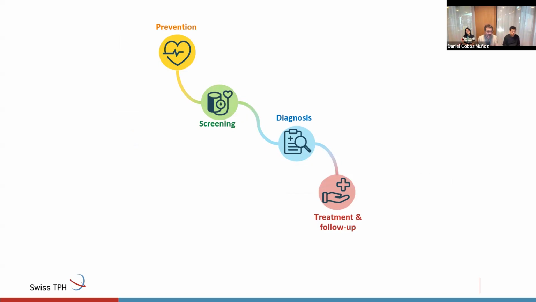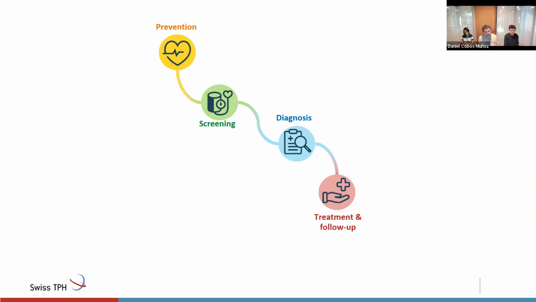For us, this cascade of care, where you have people that are not sick and become sick, then they should be screened, diagnosed, and then treated, is a cascade of care that repeats for many different conditions. And we are using this cascade of care as the backbone of what we call the simulator, that is a system dynamics model to understand the dynamics of hypertension in a city like Sao Paulo.